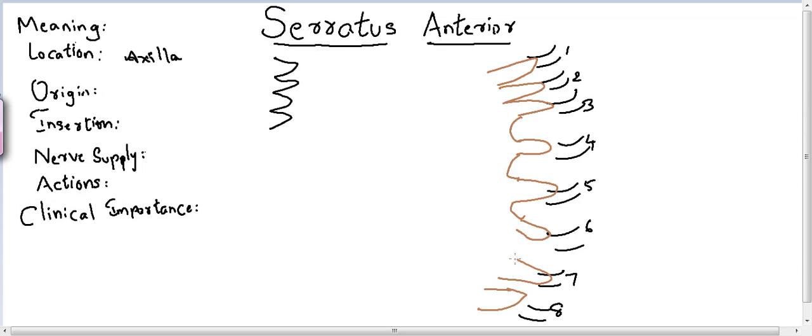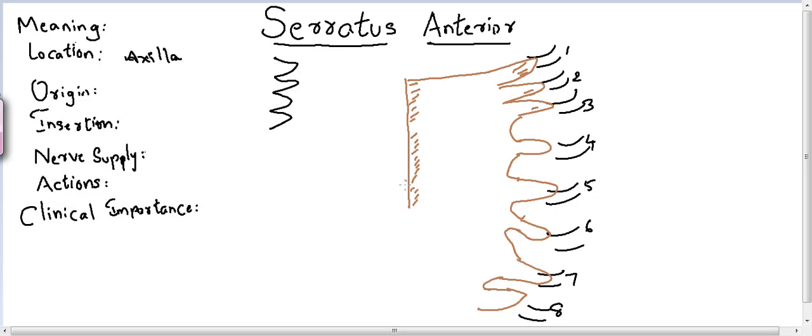Therefore it is called serratus anterior. So these are the 8 digitations of serratus anterior. All these muscles will converge onto the medial border of the scapula, that is the costal surface of the medial border of the scapula. It is the simplest insertion I can tell you.